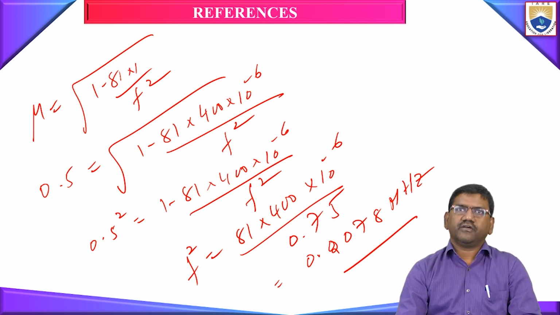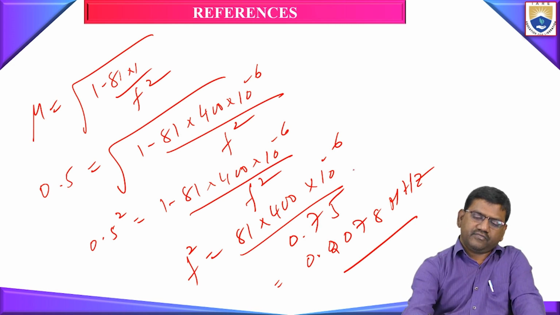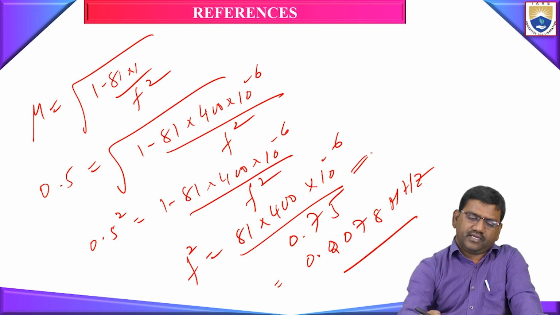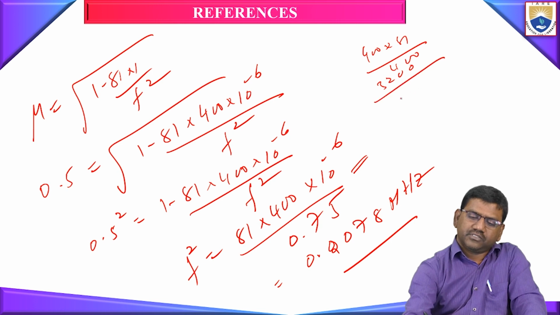So there is a relationship between the refractive index and the ionization density, which is given by mu is equal to root of 1 minus 81 n by f square, which is given as 0.5 is equal to square root of 1 minus 81 n by f square here. If you simplify this, what will you get? 400 into 81 is 32,400 here.